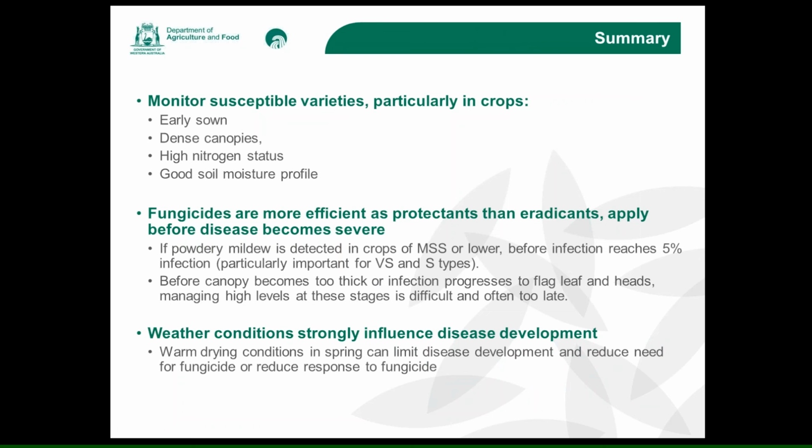Dense canopies, as we've talked about, where the moisture and humidity within the canopy is held there, higher humidity in dense canopies. High nitrogen status, there's certainly a link between high nitrogen status and mildew development, both in terms of lush plants and in terms of canopy humidity. And a good soil moisture profile.